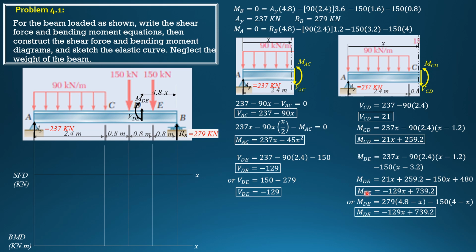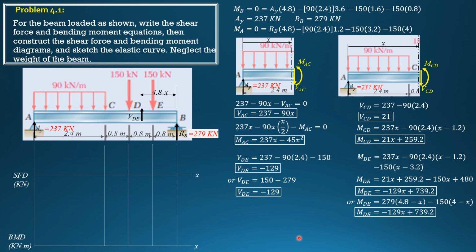So it will always give you the same answer. Now the advantage of considering the right section this time is that it is simpler than the left section. But actually, if you are good in shear moment equations, either the left or the right is also simple.